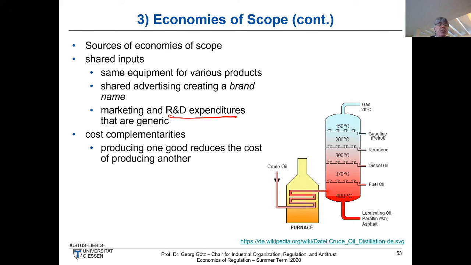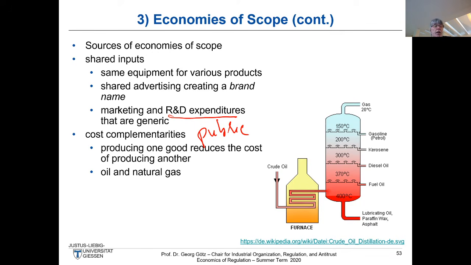Cost complementarities are more related in a sense to our public inputs we just have. Okay. So producing one good reduces the cost of producing another, oil and natural gas, for instance. So if you see these oil wells, or if you actually in former times you could fly across or over the Arabian Peninsula, and what you see there is that they burn all the natural gas which comes out of the ground once they dig for oil.